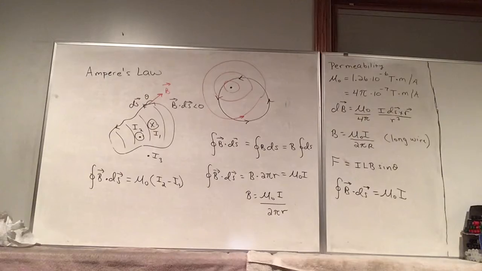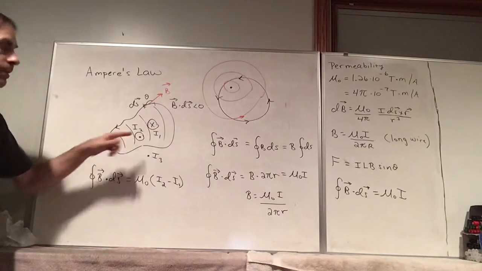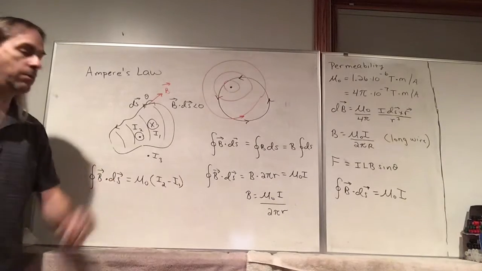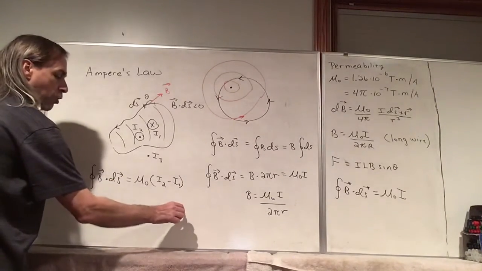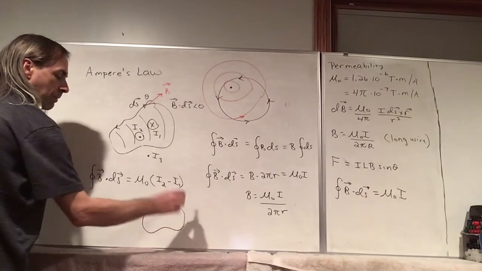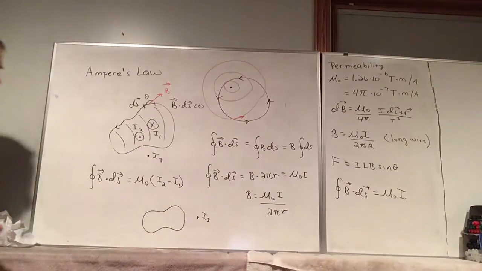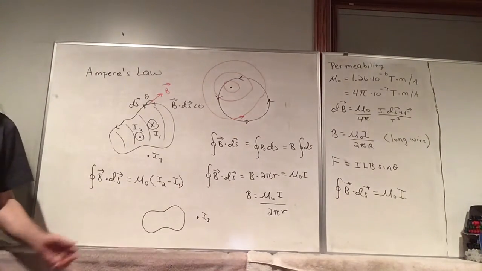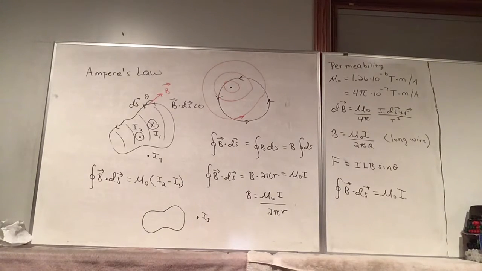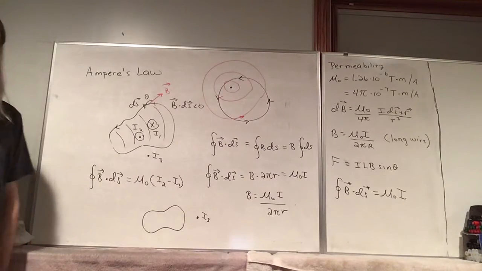Now what about I3? I3 is not crossing this area enclosed by the surface, so it doesn't matter. If we had an Amperian loop that looks like this, and we put I3 out here, the integral around this loop would be 0. Now again, if you actually integrated it, that would be a complicated integral.